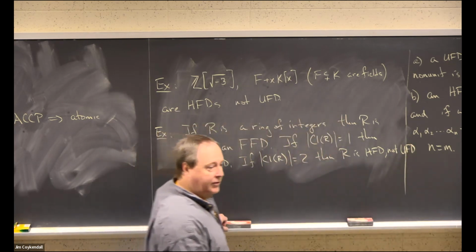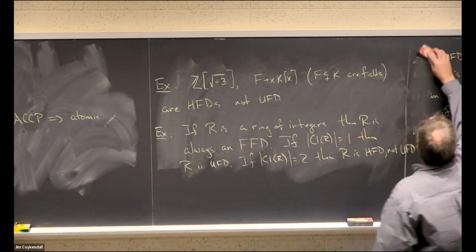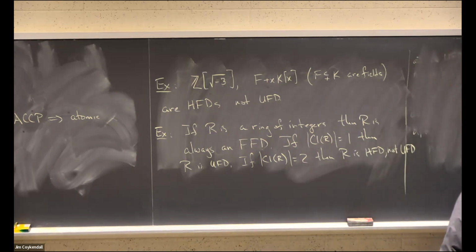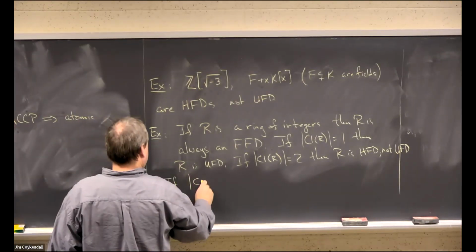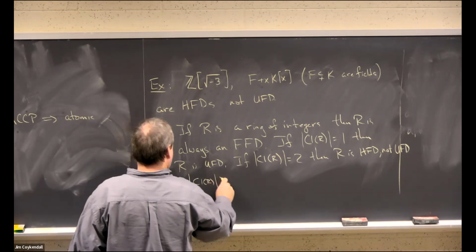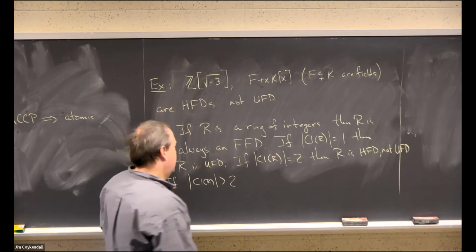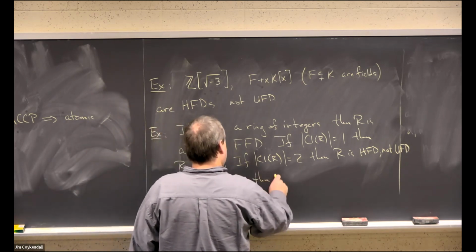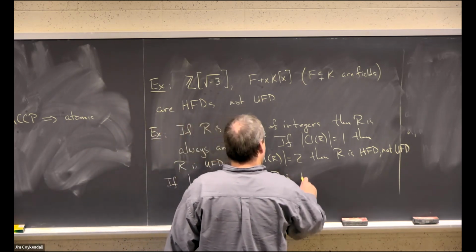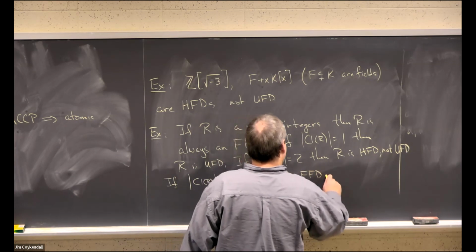Right, that's the Carlitz theorem. And if the order of the class group is bigger than 2, then R is an FFD, but not an HFD.